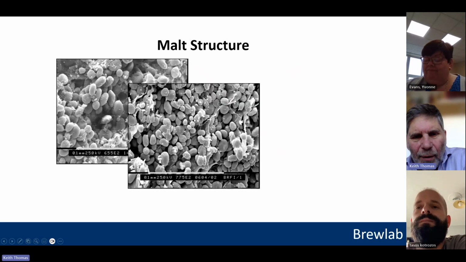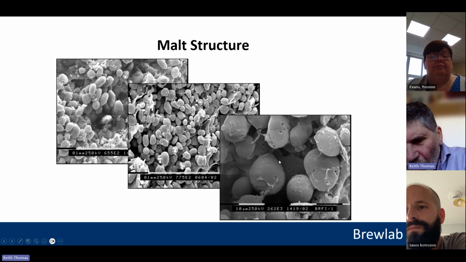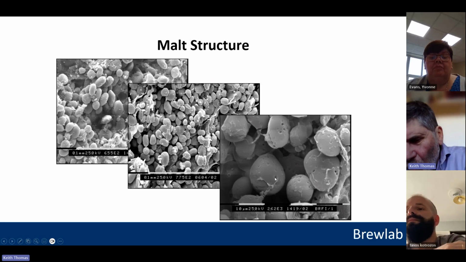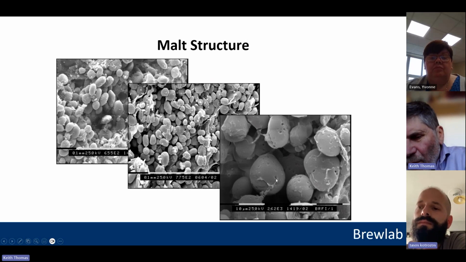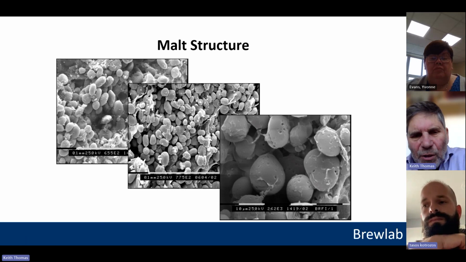So as time goes on, they get digested, and the beginning of the starch digestion is evident by little holes that appear in the starch grains. Now, although they are tiny holes, what will have happened is that the enzymes will have started to digest below those. So that will partly be hollow almost if it's advanced in its digestion.